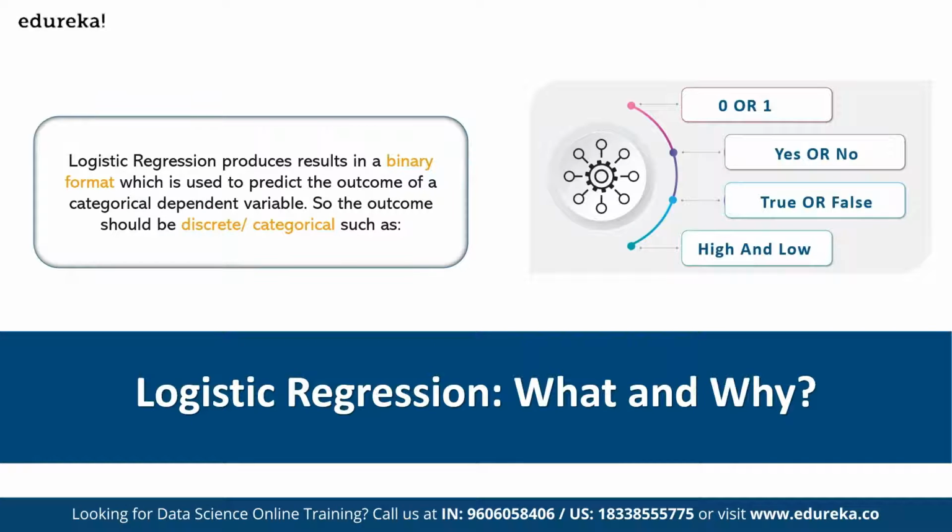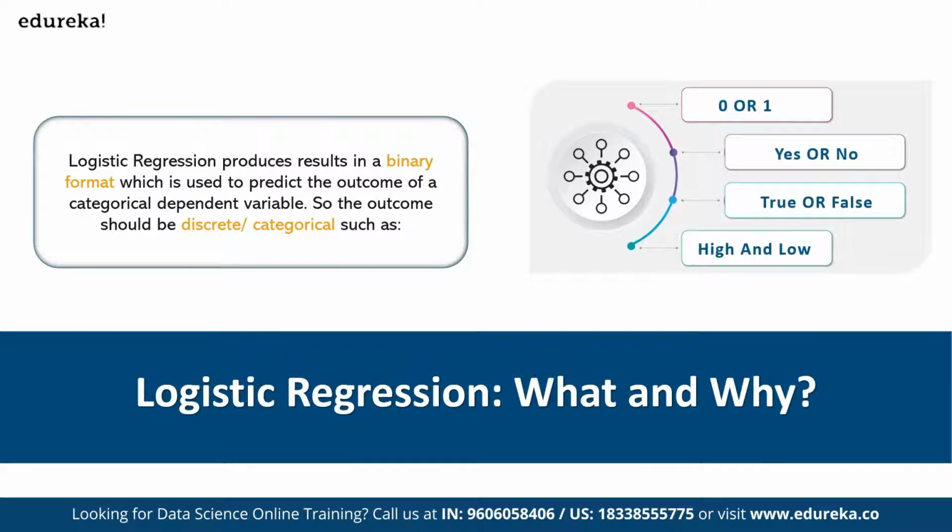So the outcome is going to be a categorical or discrete value. Logistic regressions are mainly classification modeling techniques, and linear regressions are predictive modeling techniques which generate values in numerical or continuous format, like predicting the sales or the revenue.